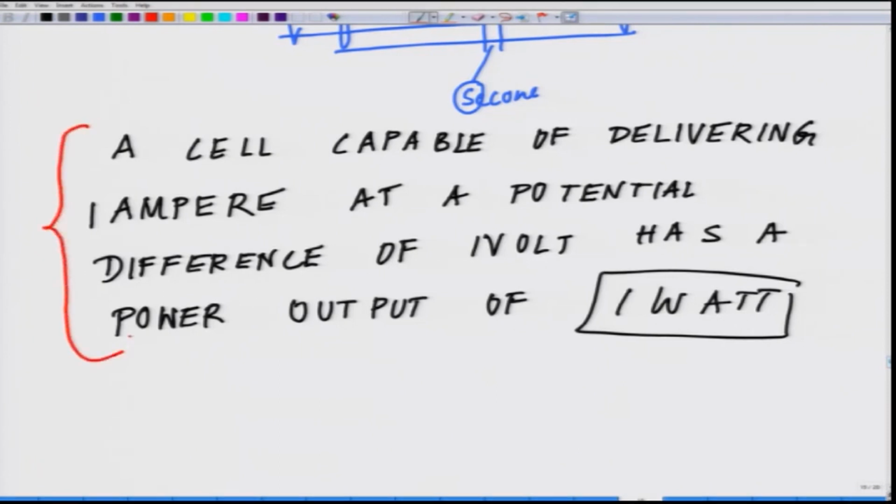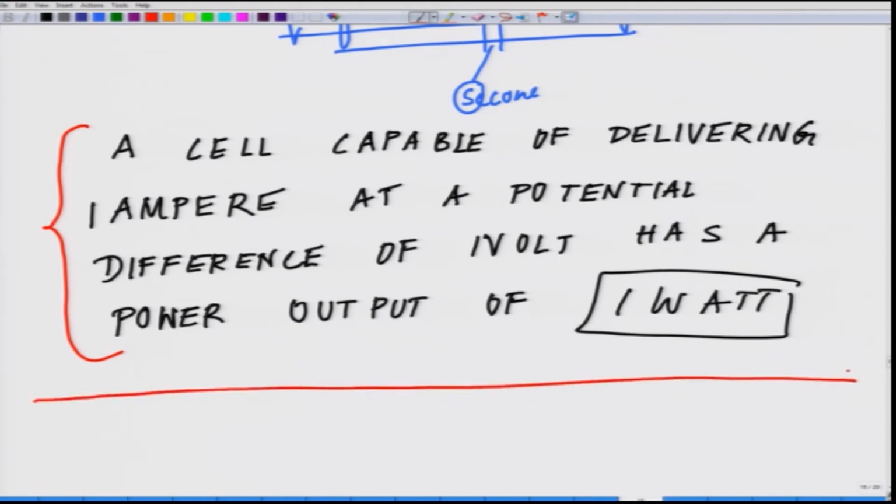So, this relation, this definition: a cell capable of delivering 1 ampere at a potential difference of 1 volt has a power output of 1 watt. So, please and please remember these basic concepts, because they will be extremely helpful for us to solve most of the problems we will be dealing with in this basic fundamental electrochemistry or bioelectrochemistry.